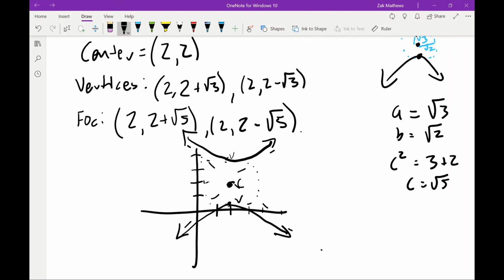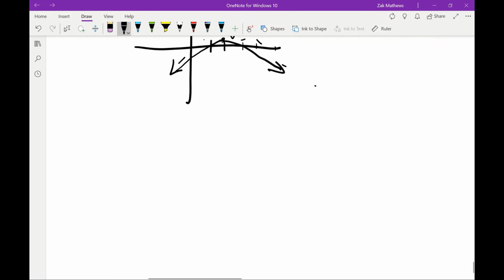And just like we've done on the other conic sections, we should be able to take information and find the equation.